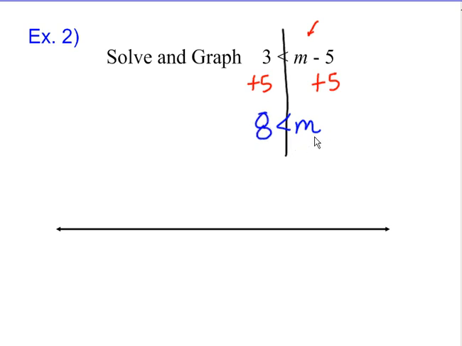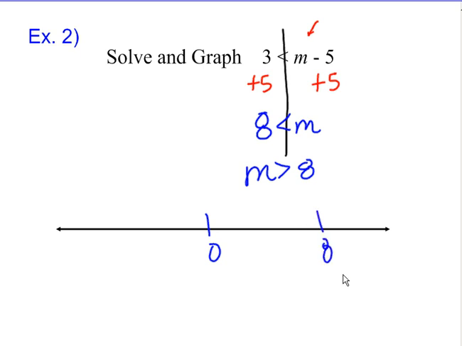Now, let's say you got this, but in the back of the book it had the variable on the left side instead of the right side. Besides switching the locations, if you bring the variable from the right to the left and the number from left to right, that means you have to flip this over as well. You can't just flip it without changing that sign over. You've got to change the sign as well. So we have a 0 and an 8.